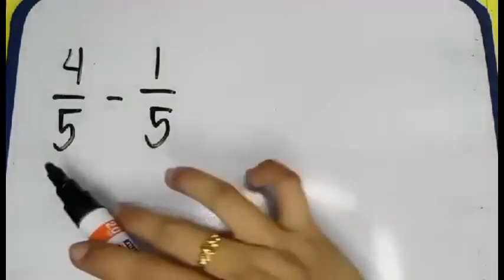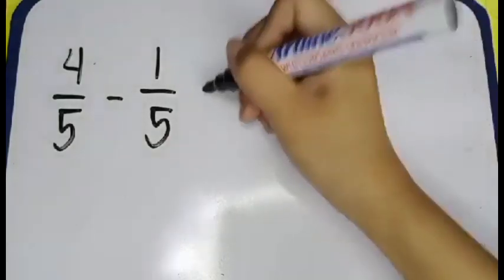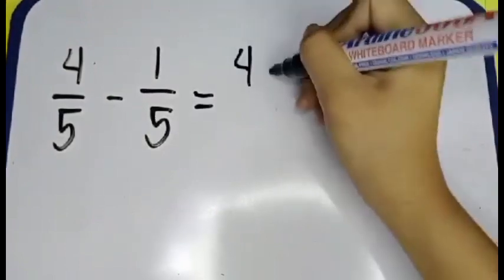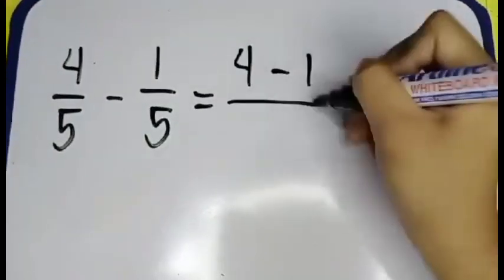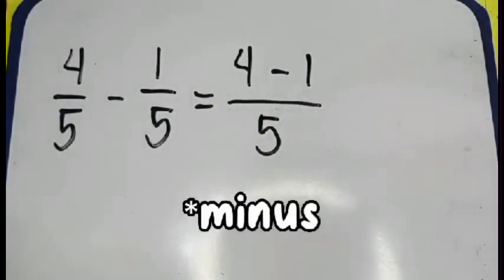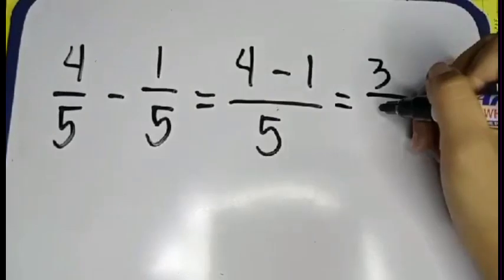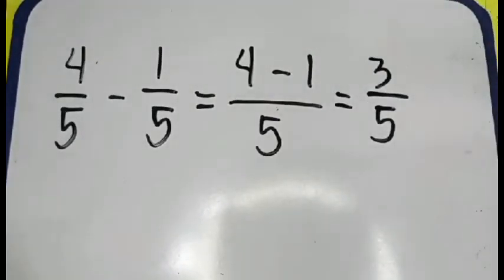The two fractions have like denominators, so we just simply subtract the numerators, which is 4 minus 1, then just copy the denominator. 4 minus 1 is equal to 3. Then copy ulit the denominator. It can't be simplified, so that will be our final answer.